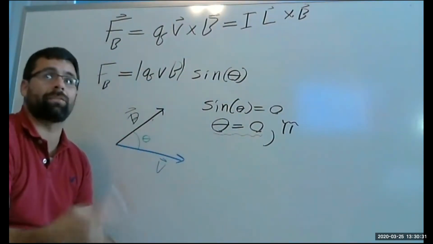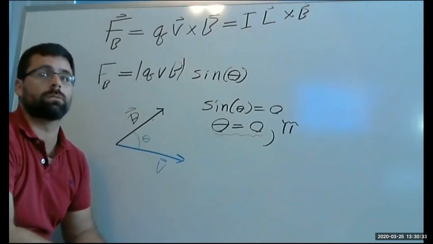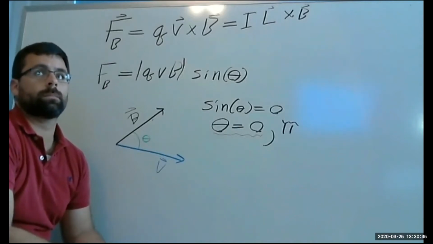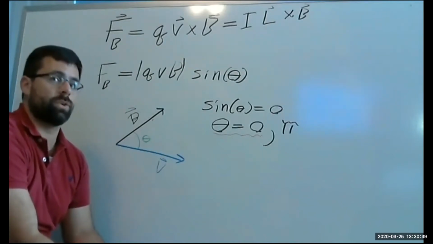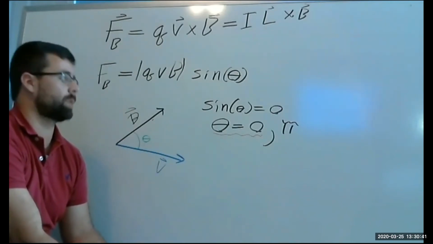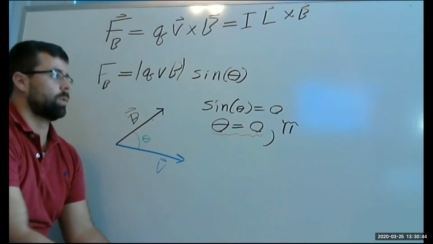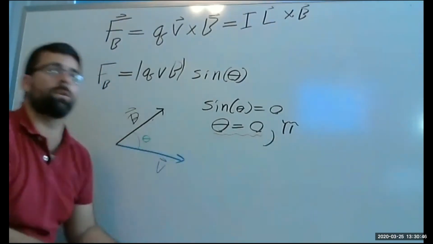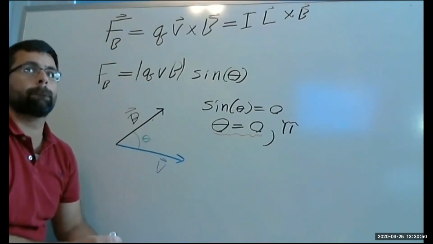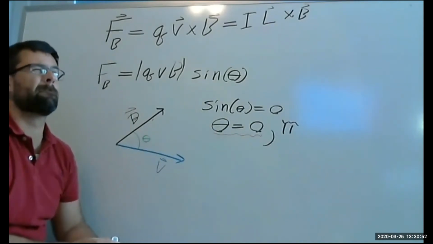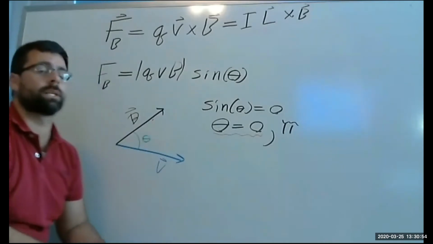What does it mean if the angle between B and V is 0? Then the 2 vectors are in the same direction. What does it mean if the angle is pi? Then it's 3.14, and they're in the opposite direction. Perfect.